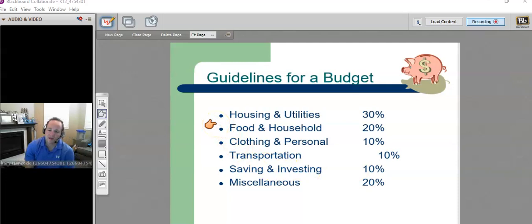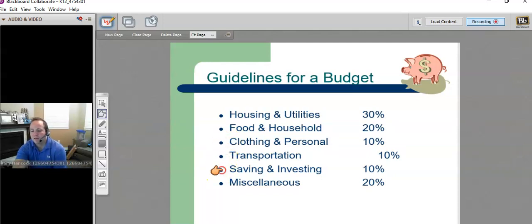So when you're looking at budget guidelines when you're moving out and stuff like that, you want to break them down into these different categories. 30% of your household income should be housing and utilities. Food and other household products should be another 20%. Clothing and personal should be 10%.